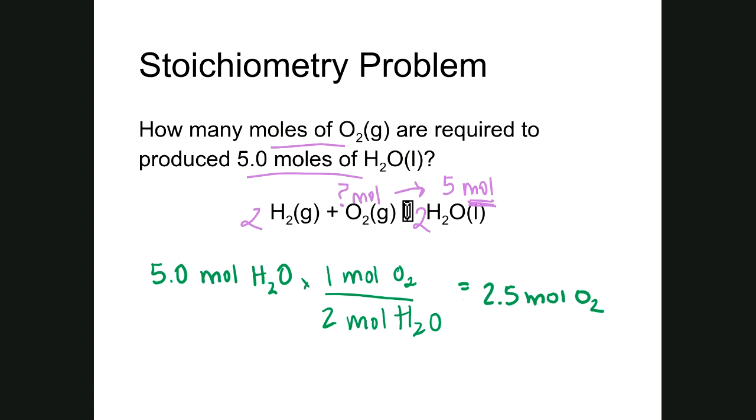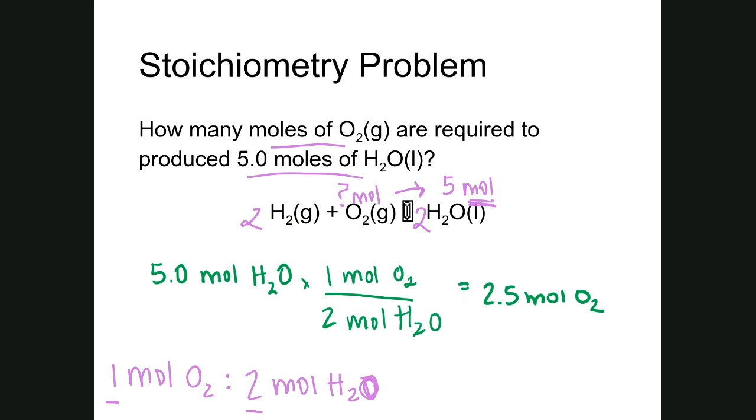So our molar ratio here is that there's 1 mole of oxygen for every 2 moles of water. And again, all I'm doing is looking at the coefficients from the balanced equation to get this 1 and 2.